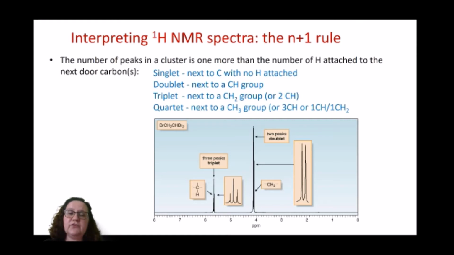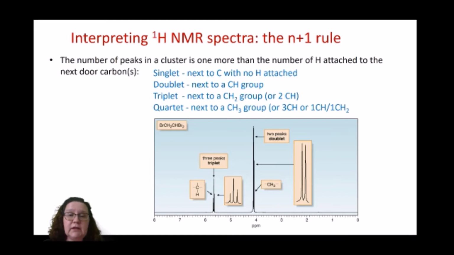If we see a triplet, then the hydrogen is next to a carbon that has 2 hydrogens, so it's next to a CH2 group, or it is in between 2 carbons, and those 2 carbons have 1 hydrogen each.